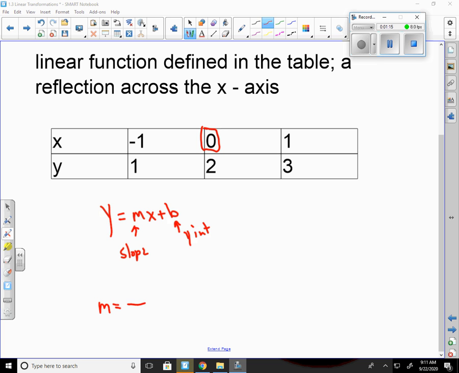To find slope, y2 minus y1 over x2 minus x1. That's y2 and x2. That's x1 and y1. Now I just plug those in and solve. 2 minus 1 over 0 minus negative 1.